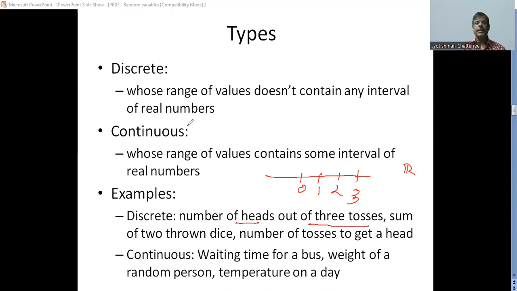So, this is discrete. Sum of two dice thrown together. What are the possible values there? 2, 3, 4, up to 12. Again, the range of possible values is just a set of discrete numbers. That's why this is also an example of a discrete random variable.